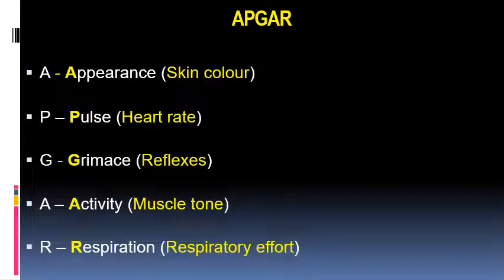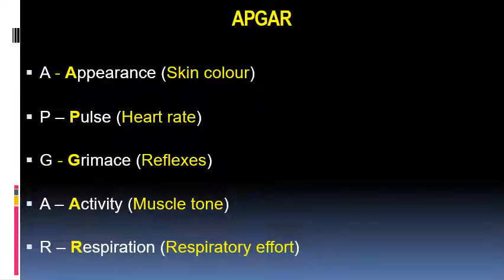So these are the five parameters included in this assessment. A stands for appearance or skin color, and pulse, where we are going to see the heart rate of the newborn baby, and grimace, in terms of reflexes we are going to see, and activity in terms of muscle tone, and finally the respiratory effort of the baby, whether it is established or requires some additional support in terms of interventions.